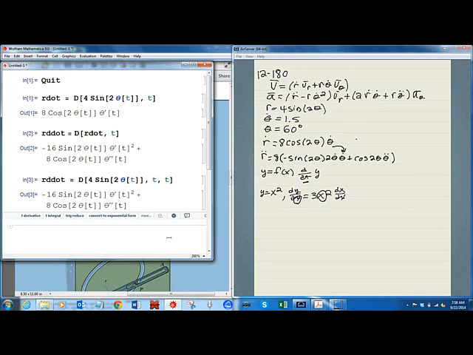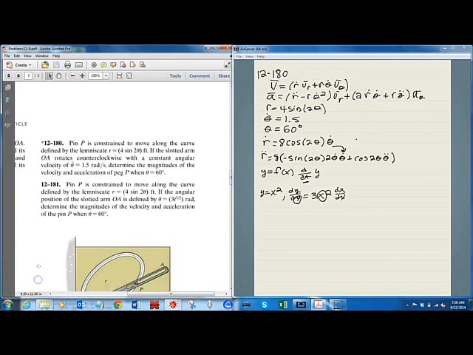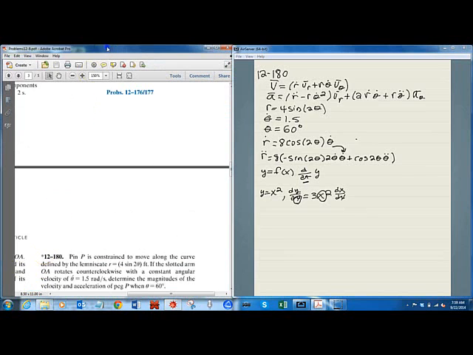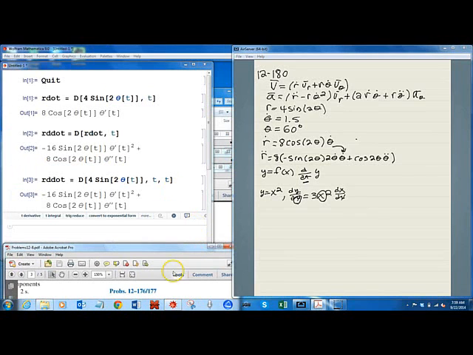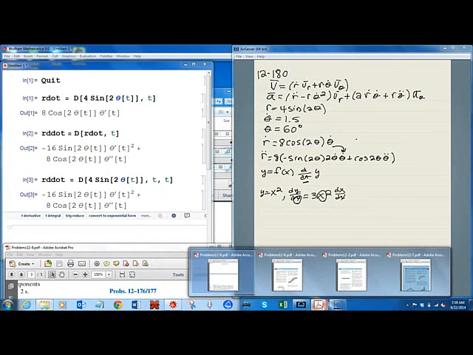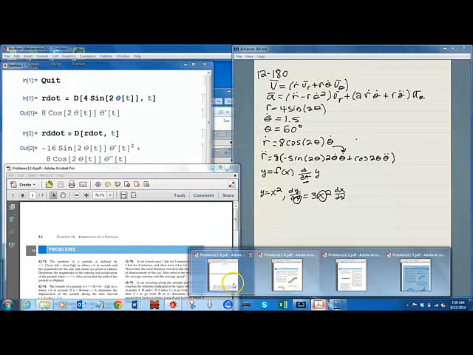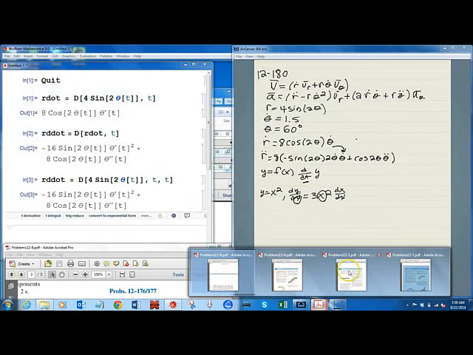Okay. Which one do you want to see? 12.108. Do you know what section? It's the same section, 108? No. It's on page 51. No. Let's see. Oh, it's an XY thing? Okay, I know what chapter that's in then.